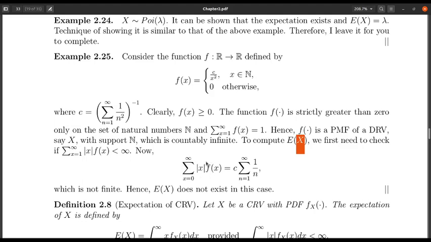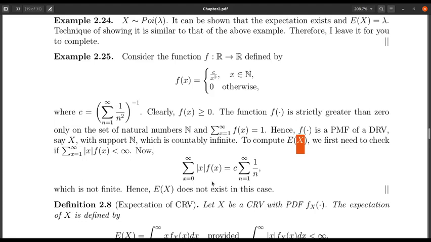The sum is over x equals 1 to infinity, so I can remove the modulus, and one x will cancel out, and I have c times the summation n equals 1 to infinity of 1 by n. We know that this quantity does not converge.